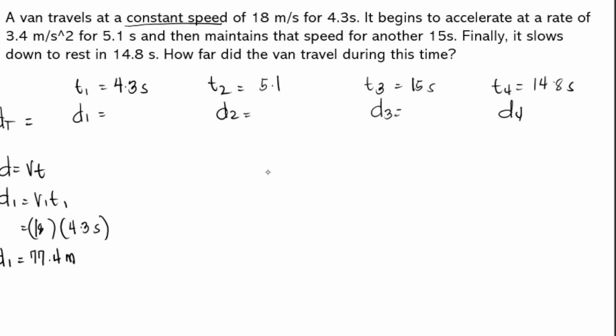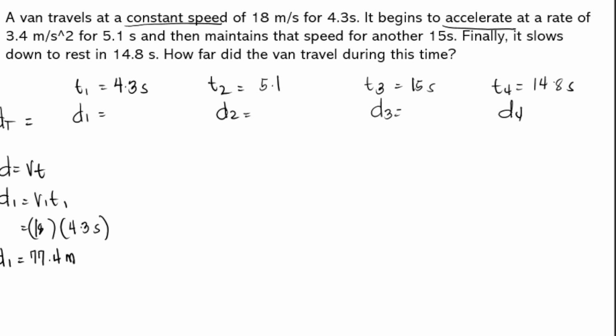meters. Okay, so next we move on to our second statement. It begins to accelerate at a rate of 3.4 meters per second squared for 5.1 seconds. Okay, so let's stop at the second point of time. So, sabi dito, it begins to accelerate. So, meaning, yung hindi na constant yung speed mo.